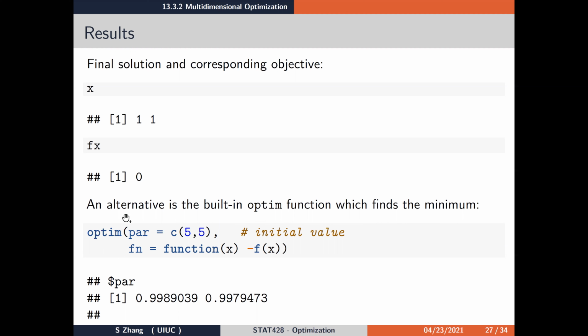Because the optim function finds the minimum, we will set the objective function not to be the original f function, but instead the negative of that. Finding the minimum of the negative of f will give us the maximum of f. We can see that the resulting parameter approximations are 0.99 and 0.99, which are quite close to the solution we got using Newton-Raphson.